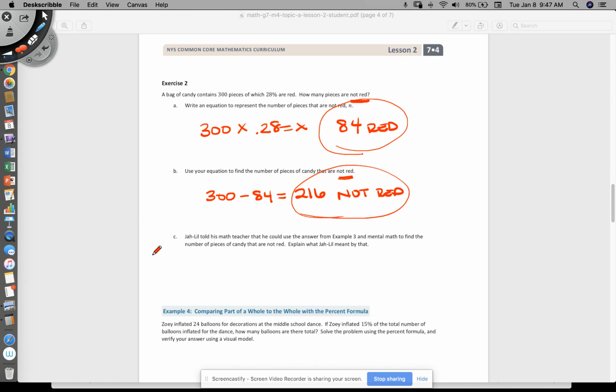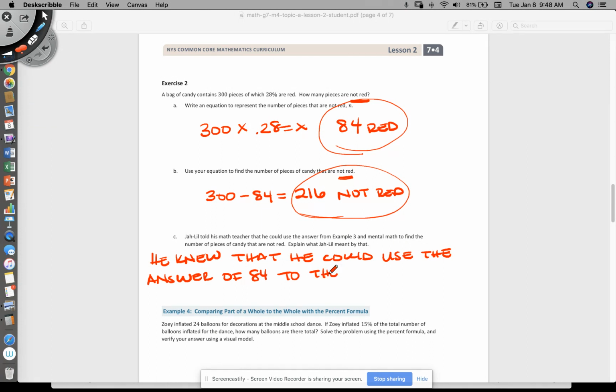So for this one, we'll put, he knew that he could use the answer of 84 to then find the rest of the colors, basically, by subtracting 84 from 300.